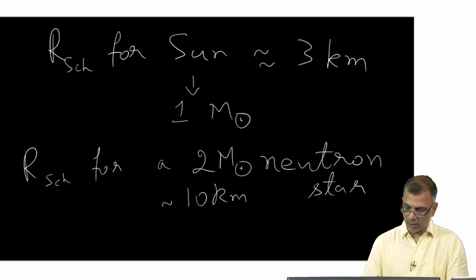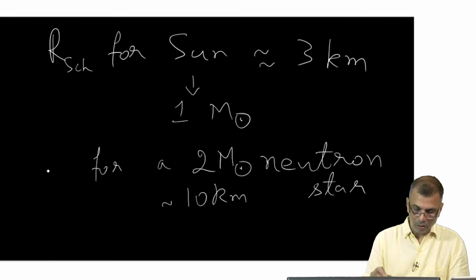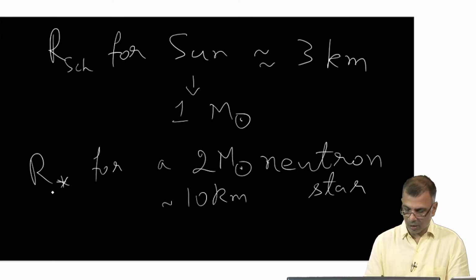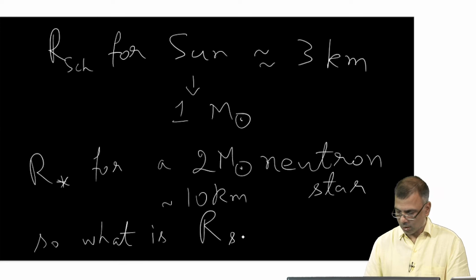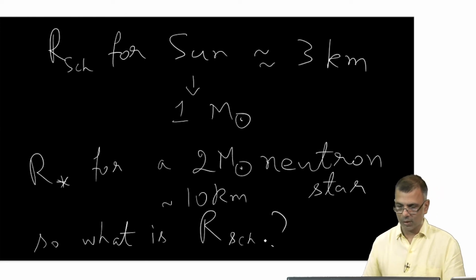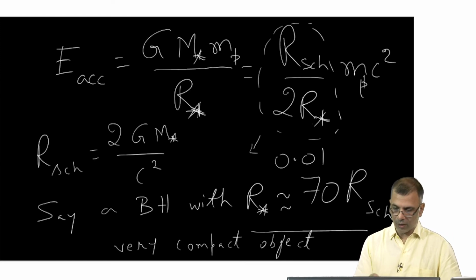I should say R star for a 2 solar mass neutron star is something like 10 kilometers. What is R Schwarzschild? You can calculate this from this formula, and you will find that R Schwarzschild is much smaller. So this ratio will become more and more favorable the more compact the object.